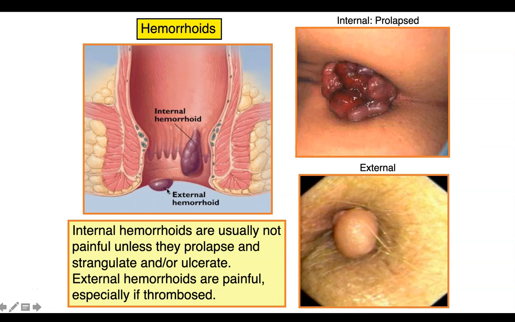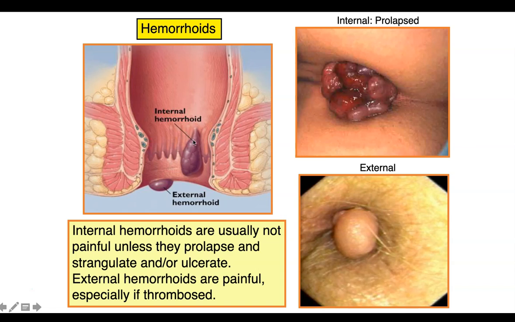The external hemorrhoids are below the pectinate line, and this part of the anal canal is supplied by the inferior rectal nerve, which is a branch of the pudendal nerve, part of the somatic nervous system. So external hemorrhoids are very painful because of this nerve supply. But internal hemorrhoids are above the pectinate line, and get their nerve supply from the autonomic nerves, so they are less painful.